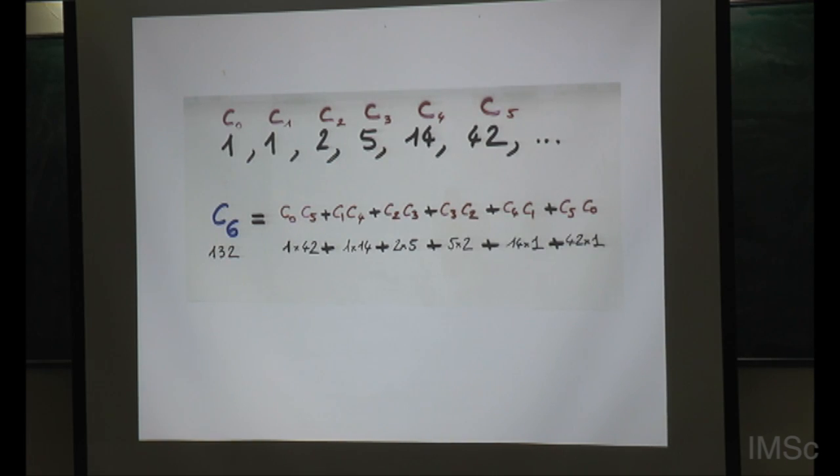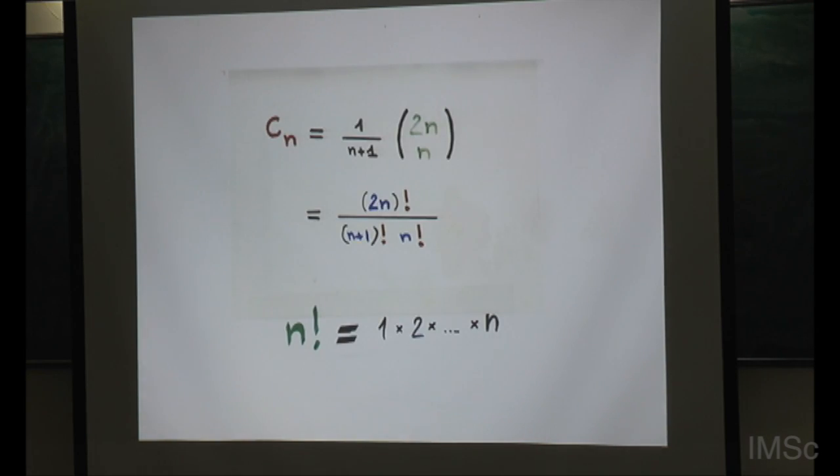So you have to try to get a nice formula for Cn. How to solve this recurrence relation? I give you immediately the answer: Cn equals (2n choose n) divided by n plus 1. It's a very nice, simple formula.